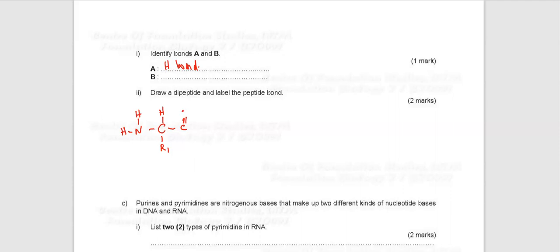So initially, I'm just going to draw the structure of the first amino acid. Because this is carboxyl, so COH, and then another amino acid, which is hydrogen. You just repeat the drawing of the first amino acid.